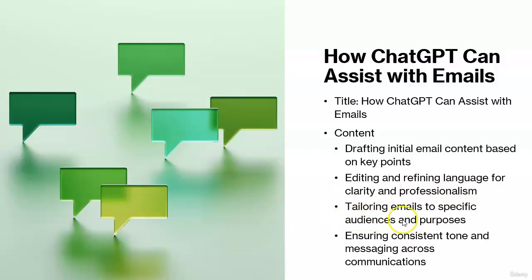Tailoring emails: ChatGPT can help customize emails for different audiences, making sure the tone and content match the recipient's expectation. ChatGPT can also help ensure that your messaging is consistent across multiple emails, reinforcing your key points.